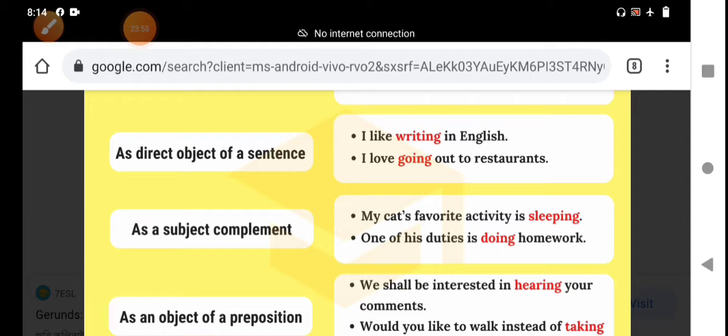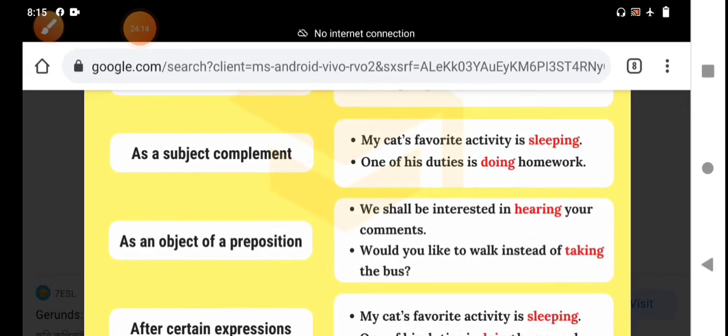Next, I will give you: I love reading. I love swimming. I love running. These are gerunds which function as the object of the sentence. And then we go to the third function.